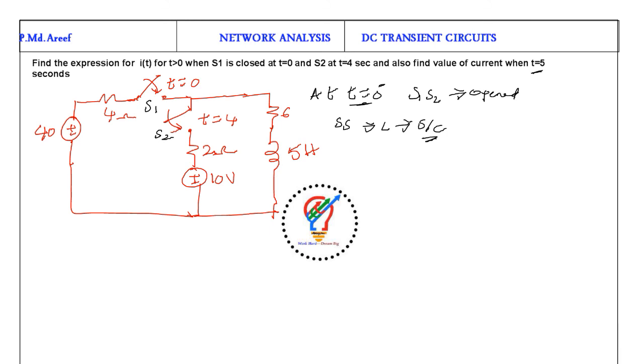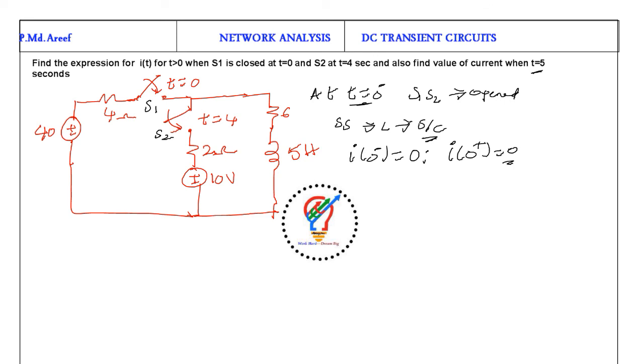Short circuit means no current will flow, because there is only one path for the current to flow, and this is the other path, and both are open. So I of 0 minus is nothing but 0. The inductor will never allow a sudden change in current, so I of 0 plus is also 0. This is the first condition.